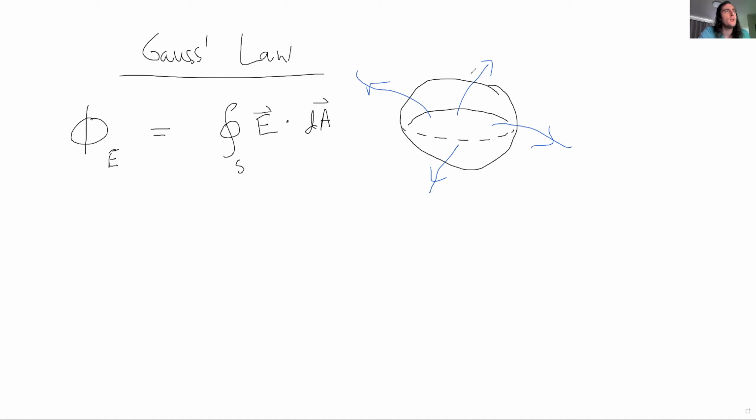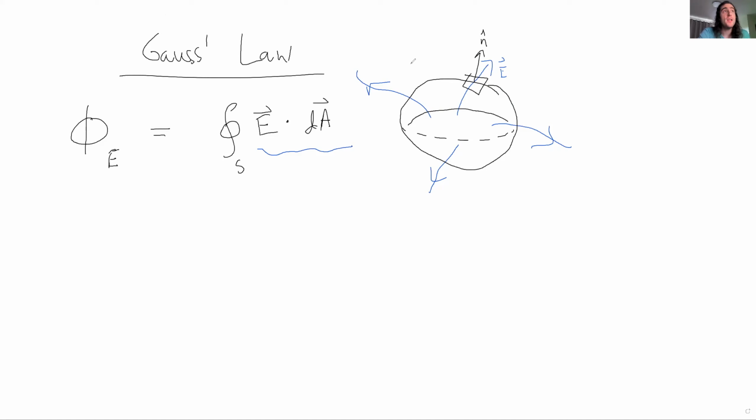Then what we do is we look at these patches where the electric field intersects the surface, and we draw the normal vector for that patch, right? And we compare the electric field to the normal vector using the dot product, right? So E dot dA there. And we integrate over the whole surface, the whole region of the surface, right? And so when we do that, we get the net electric flux, the total electric flux through that surface, okay?